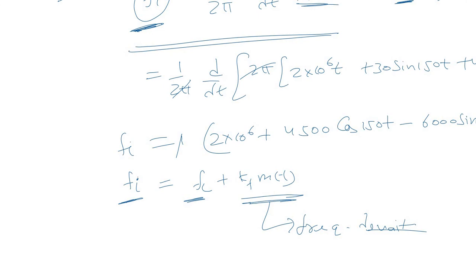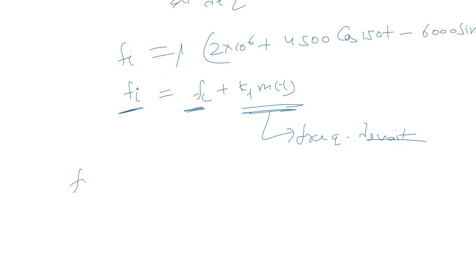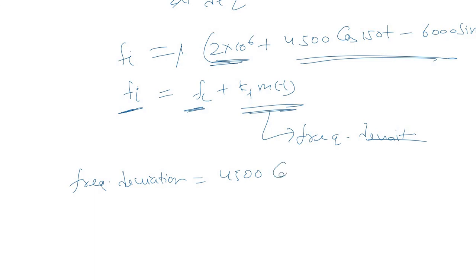We need to find the maximum frequency deviation. The frequency deviation is 4500 cos 150t minus 6000 sin 150t.